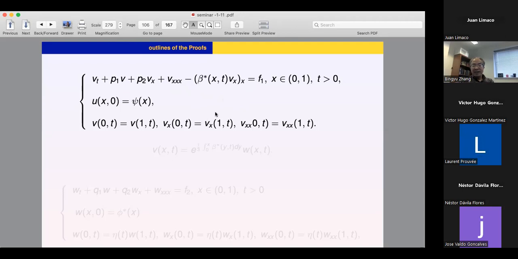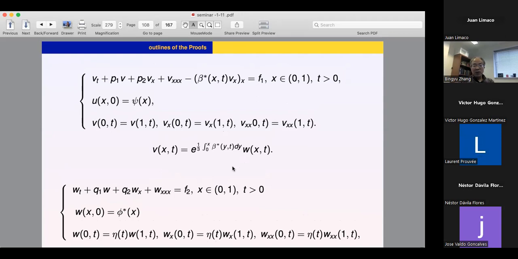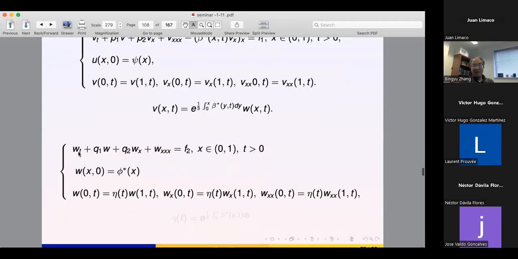Okay, and then we consider this type of equation with the variable coefficient appearing here as beta star of (x,t). Okay, and this is the periodic boundary condition. Let's make another transformation. V(x,t) equals e to the 1/3 of the antiderivative of this guy times w(x,t). Then that will reduce the equation, where w is like this: w_t, q1 w, q2 w_x, w_3x.